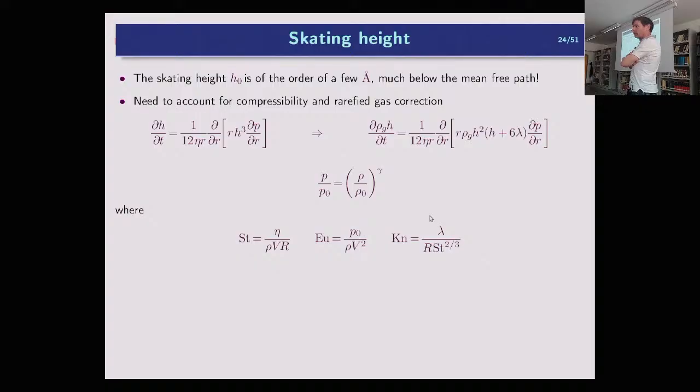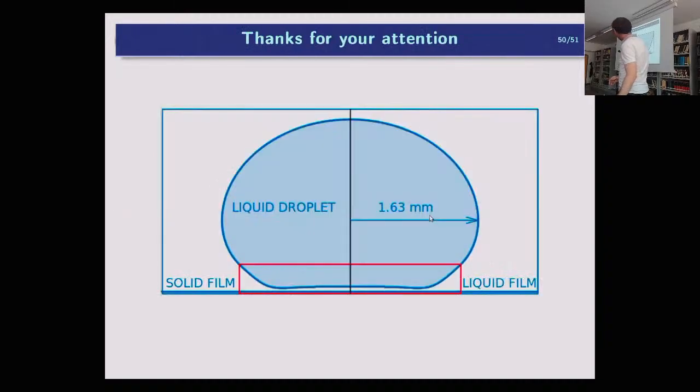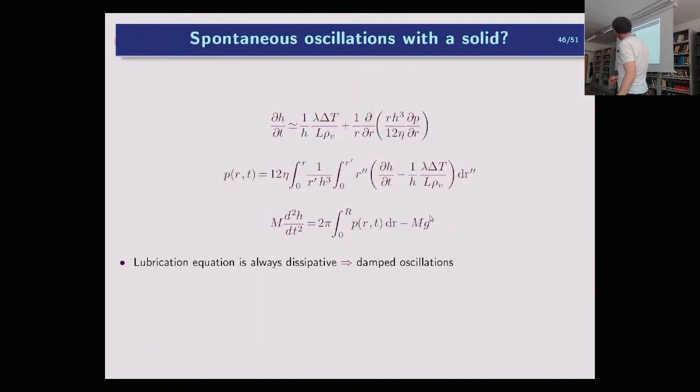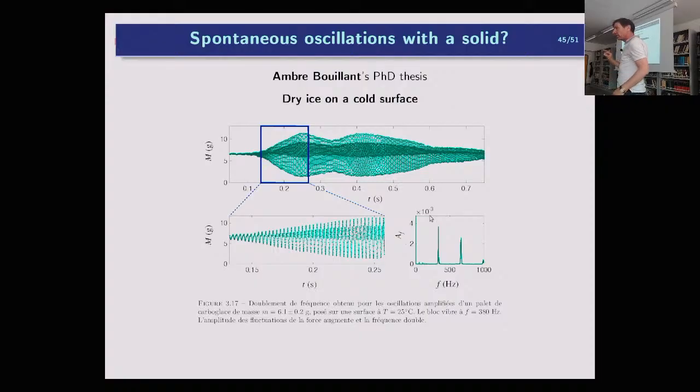Thanks a lot for the presentation. I have a question about the dry ice oscillations. Do you think it could be because of inhomogeneities on the surface of the dry ice, and then you have a sublimation rate that is different throughout? Well, I tested a lot of ideas. If you have any idea, I'm really interested, because for me it's really puzzling. Ambre did extremely careful experiments about this.